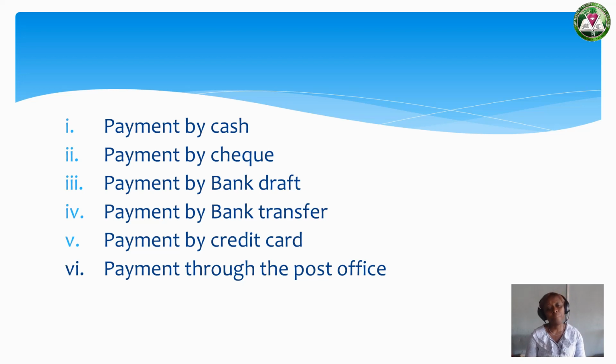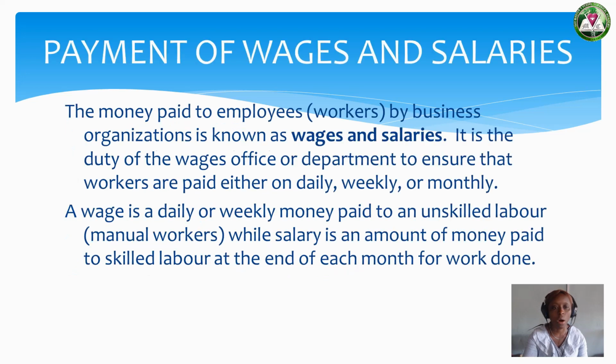Okay, we have payment through the post office. Payment can as well be made through the post office by the use of money order or postal order. Then the most important payment made by an organization is payment of wages and salaries.